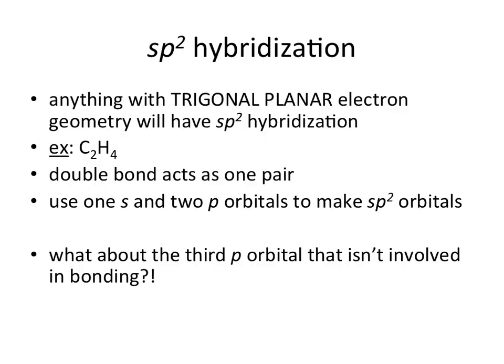So when do we identify a molecule as having sp2 hybridization? Once again, we're looking at electron geometry, so we're looking at the number of electron domains around that central atom. If we have trigonal planar electron geometry, we will have sp2 hybridization occurring. Basically, anytime you have that central atom and only 3 groups around it, that's going to be trigonal planar electron geometry, and you're subsequently going to have sp2 hybridization.